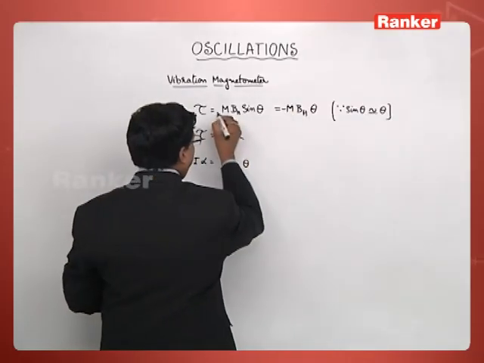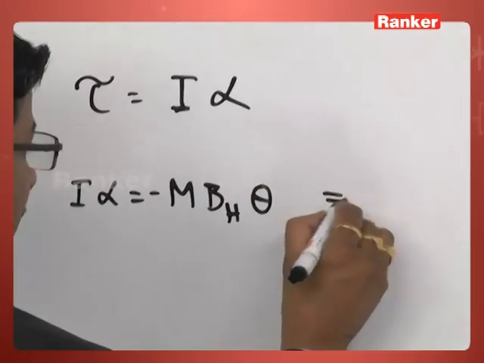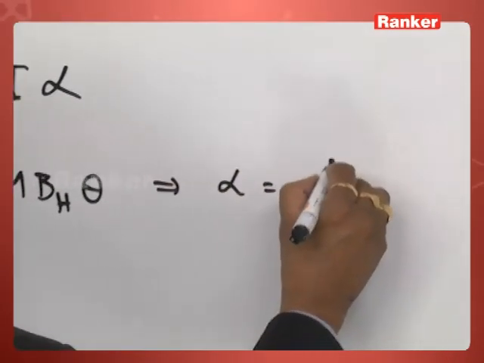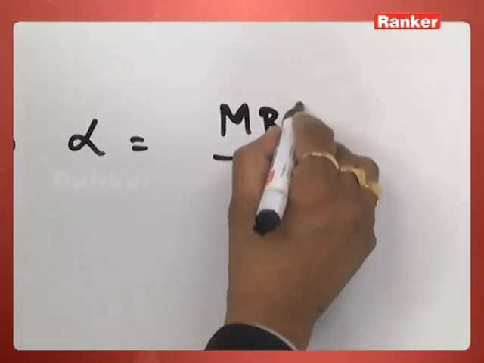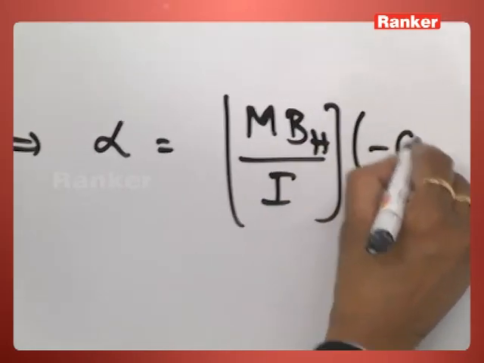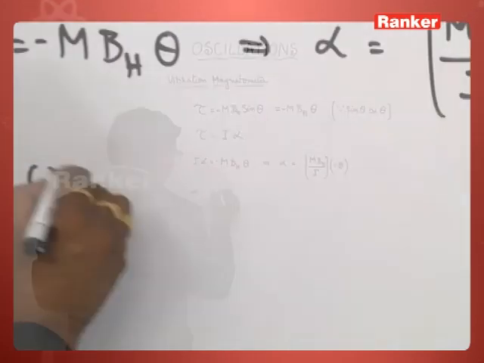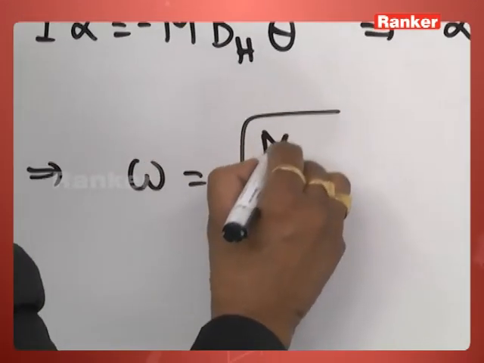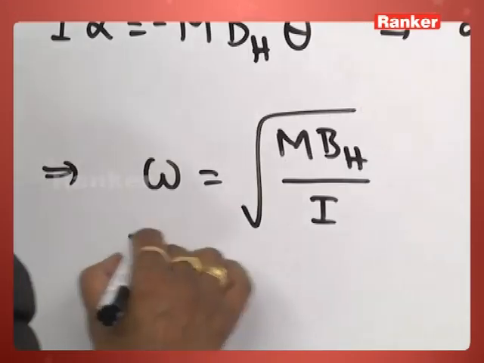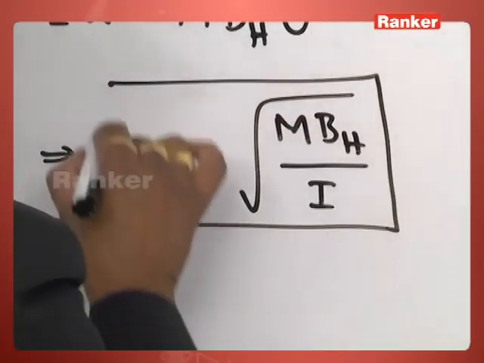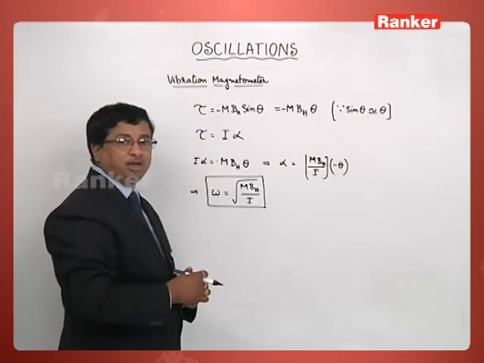Since this is a restoring torque, we put a negative sign, and alpha is equal to MBH by I into minus theta. This directly gives omega equal to under root MBH by I. This is the angular frequency of the oscillating magnet in the case of a vibration magnetometer.